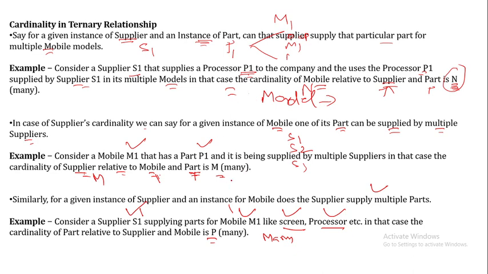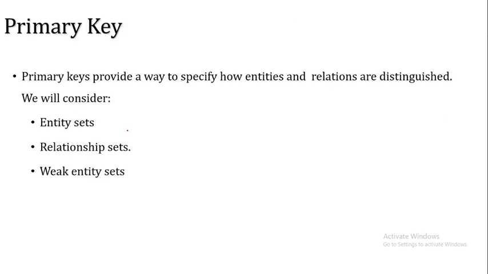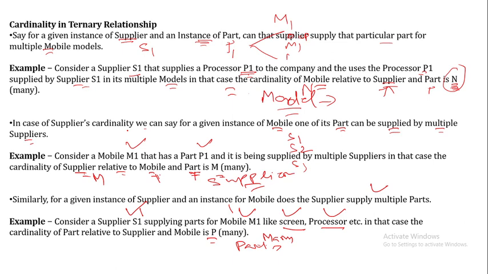In this case, consider mobile M1 that has a part P1; here suppliers are many. Here mobiles are many. Here parts are many. So this is how exactly there exists a ternary relationship between three different entity sets, and it can be represented using this ER diagram. Okay, so this is all about today's lecture.